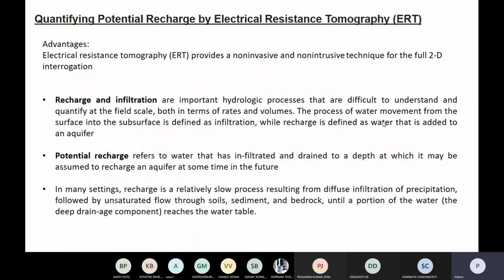And if we are interested in seeing subsurface properties in 3D mode, then we call it electrical resistivity imaging. We just get an image of the subsurface when we are dealing with 3D, right?